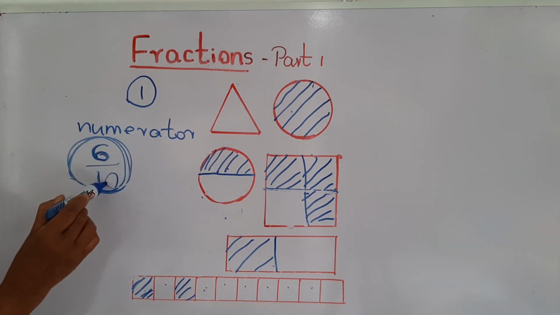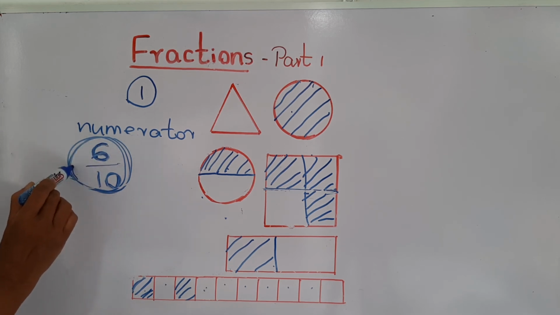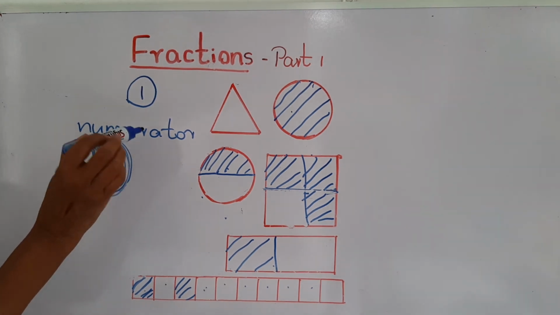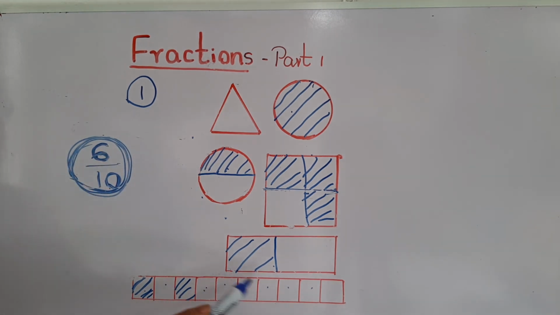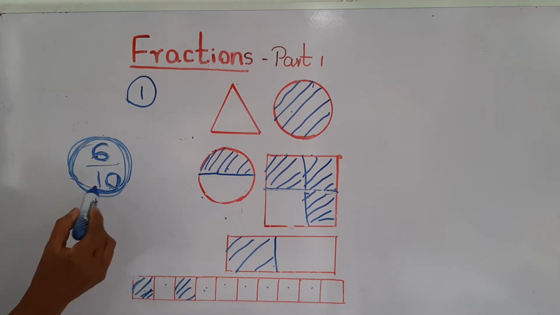This is the fraction. Denominator is 10, numerator is 6. Then what are you going to do? You have to divide. Denominator tells you how many parts you are going to divide. Then you have to divide into 10 parts: 1, 2, 3, 4, 5, 6, 7, 8, 9, 10. Denominator is 10. That is correct.